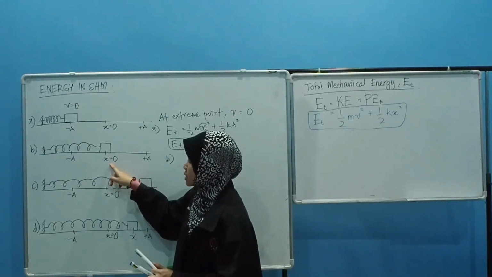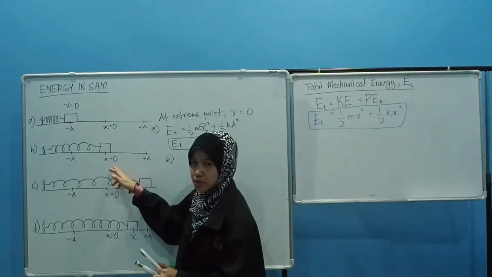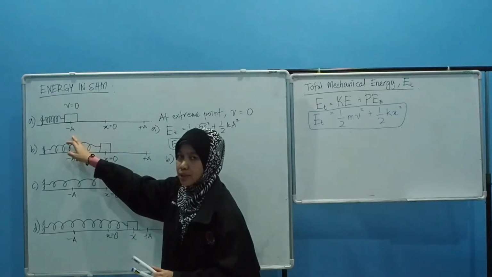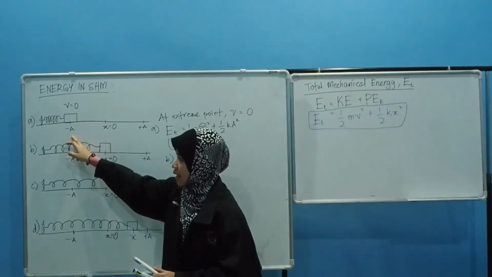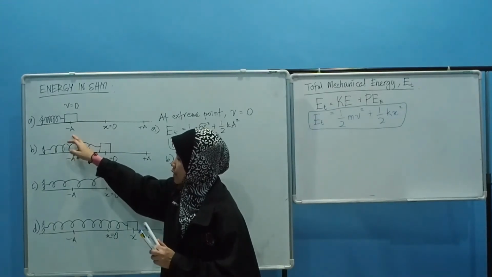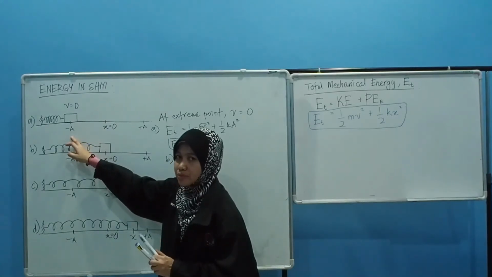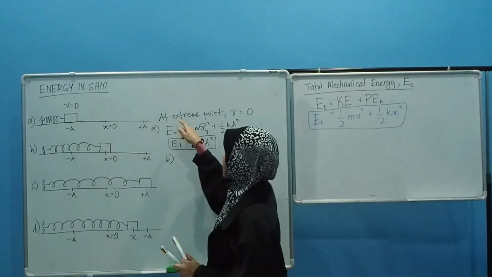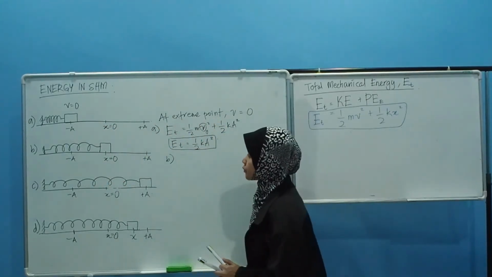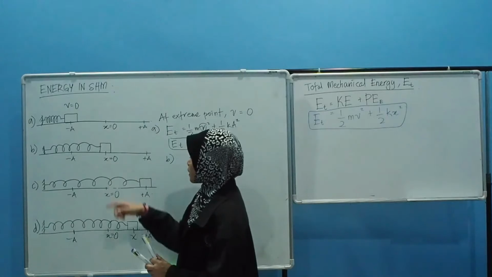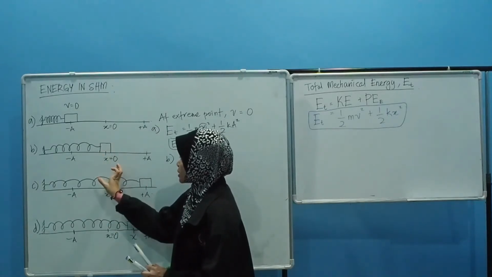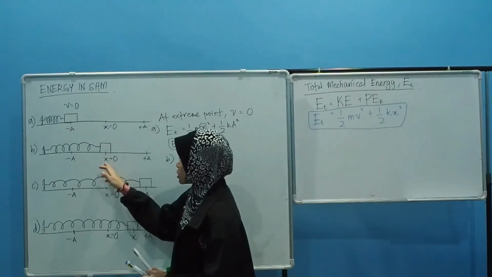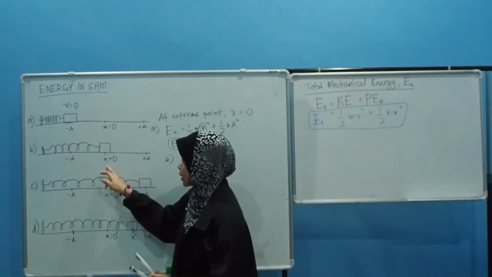Here x is equal to the maximum displacement, or we call it the amplitude, or the extreme point. For B, the load passes through this equilibrium point.